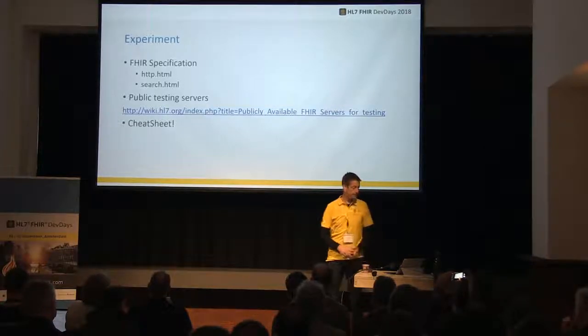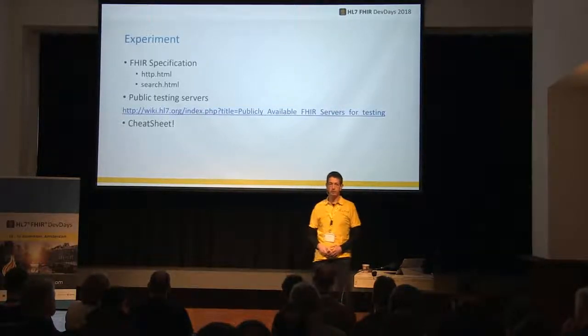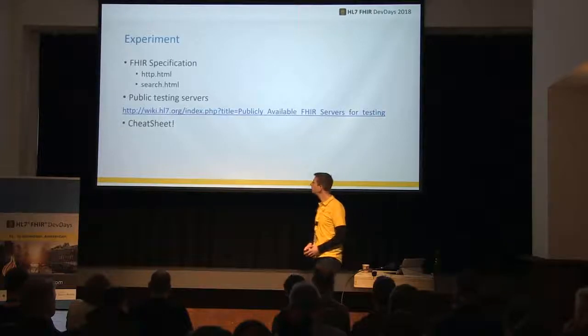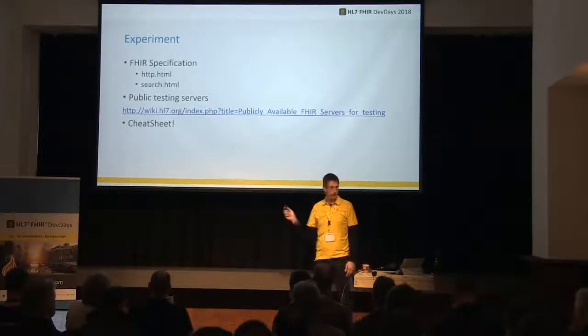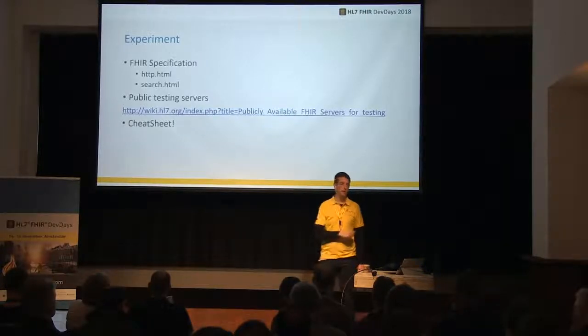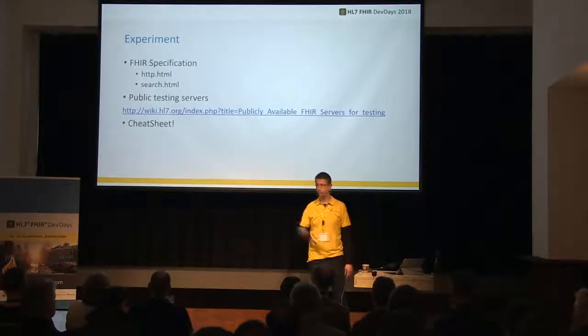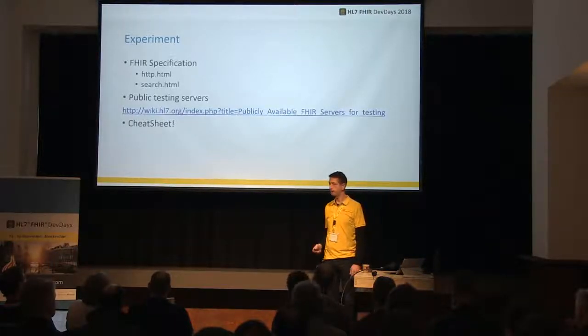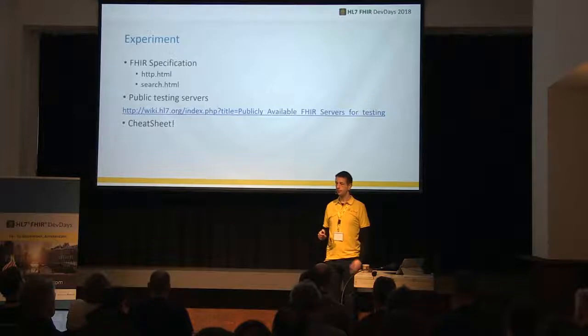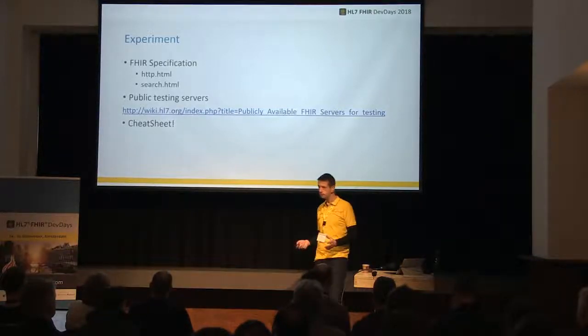You'll be able to find this. It's a whole list of public testing servers, including our own, vonk.fhir.ly. But Happy has one, Eightbox has one, Graham has all versions running on test.fhir.org, and there's even more than that. So that allows you to interact with FHIR servers, see what they do, how they differ.